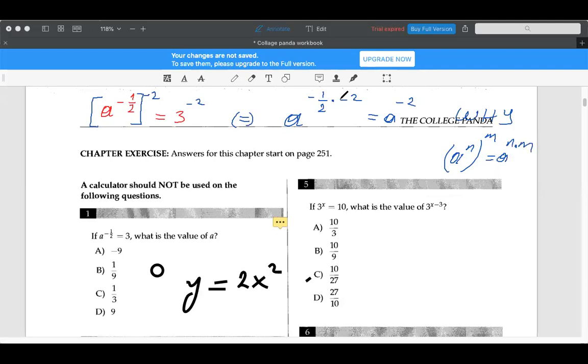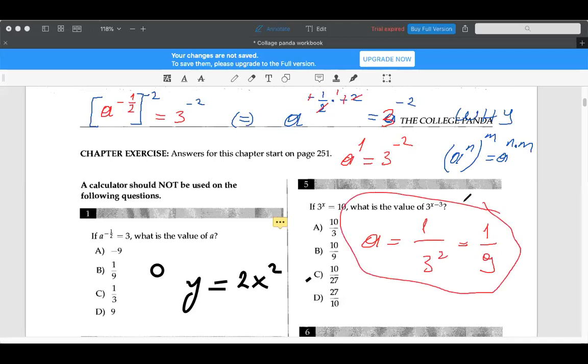And then this negative and the other negative will be positive, and these two and these two will be simplified. It will be just 1. So after this step, this is 3 to the power of negative 2. A to the power of 1 is equal to 3 to the power of negative 2, which means A is equal to 1 over 3 squared, 1 over 9. So this is the answer of the question.